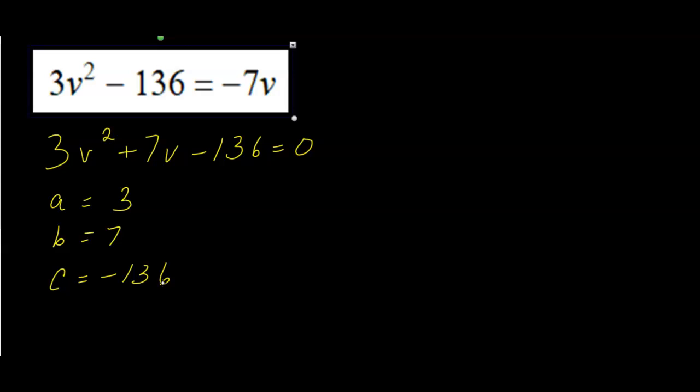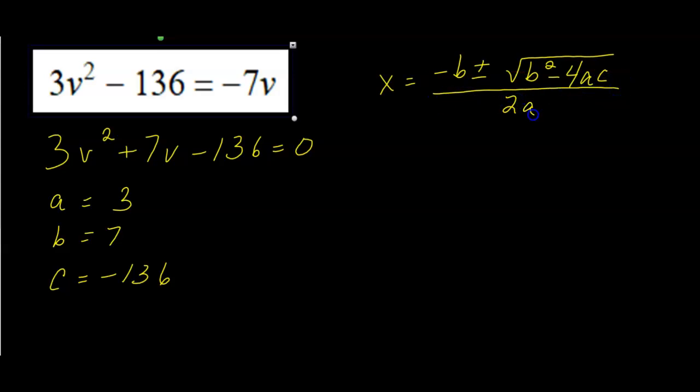So I'm going to go ahead and rewrite my quadratic formula here. And like I said, we're just going to use x, treat those v's like they're x's. X equals negative b plus or minus the square root of b squared minus 4ac, all over 2a. So it's one big fraction. So now we're just going to substitute.